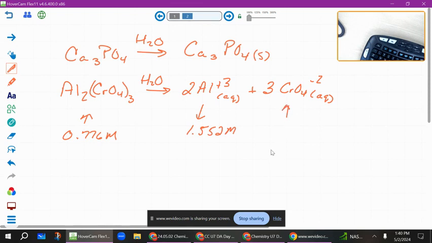Times 3. You total 2.32. Now we could put molarity as the unit, or we could put what? Moles. What if the molarity here was 0.125? 0.25.